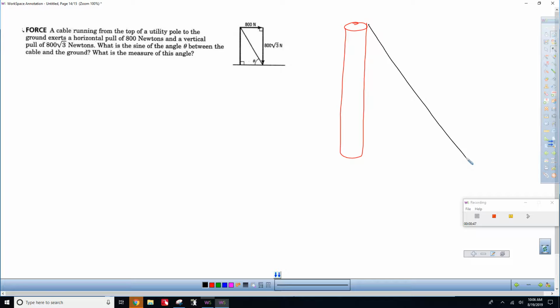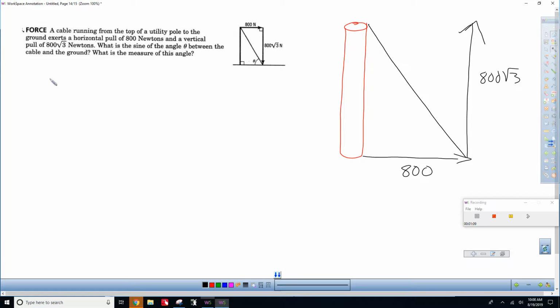We do know that it's got 800 newtons of force in the horizontal direction, and it's got 800 radical 3 newtons of force, and it's asking us two questions.